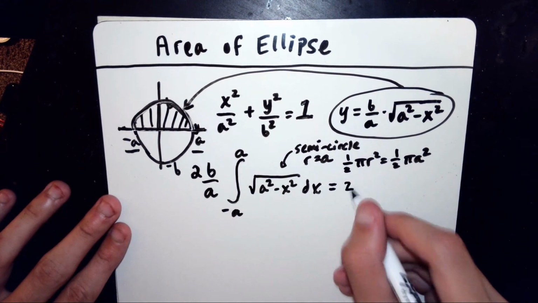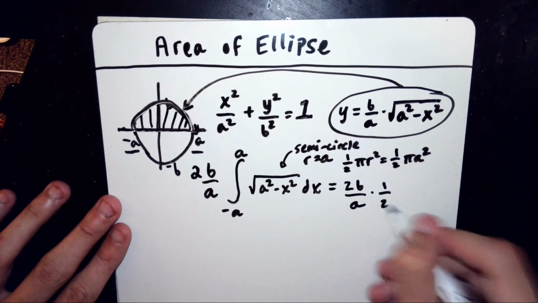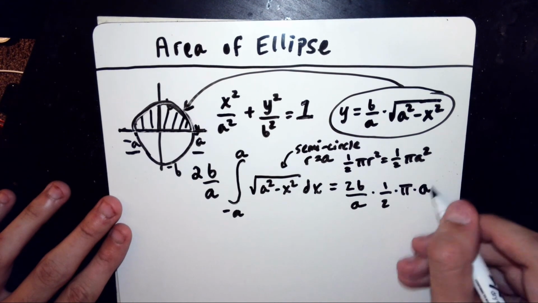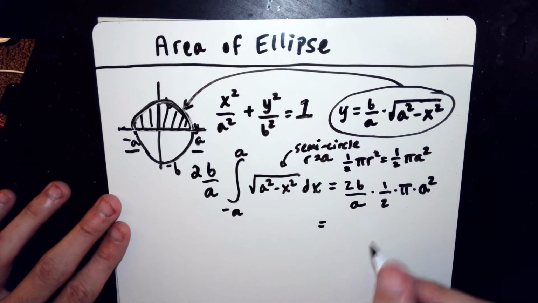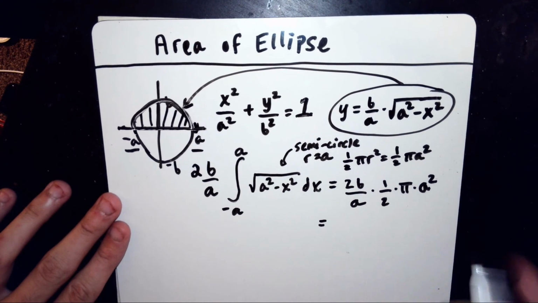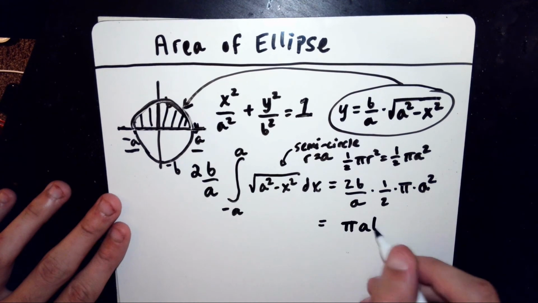So we get 2b over a times 1/2 times pi times a squared, which when you simplify, the 2's cancel and one of the a's cancels, and you get pi a b.